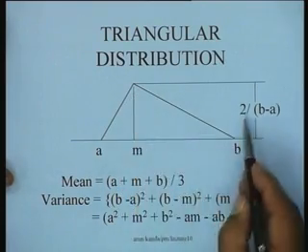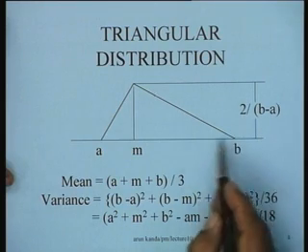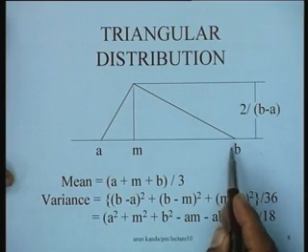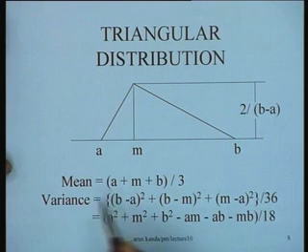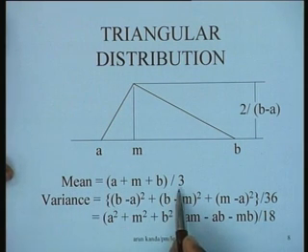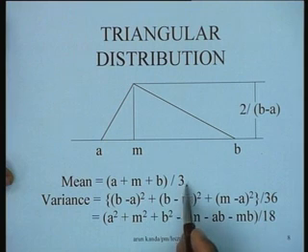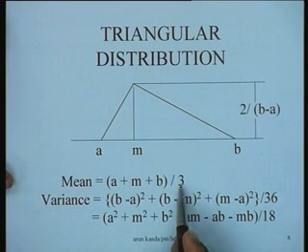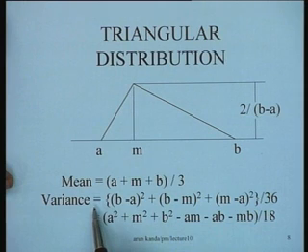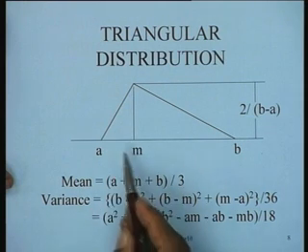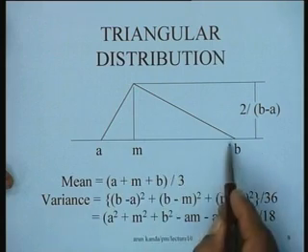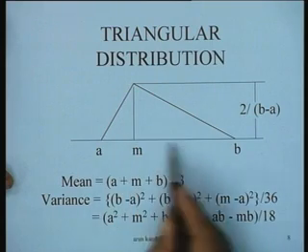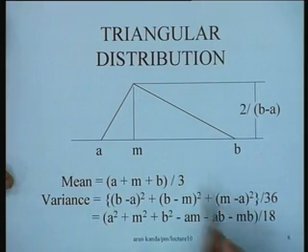This height would be equal to 2 over (b minus a), because this entire area must be 1, and consequently the mean of this distribution is a very convenient simple formula: (a plus m plus b) by 3, just the simple average of the 3 values. And the variance of this distribution can be computed as the square of (b minus a), square of (b minus m), square of (m minus a).